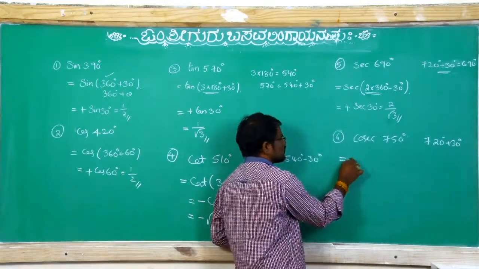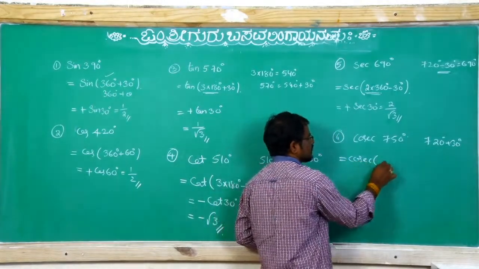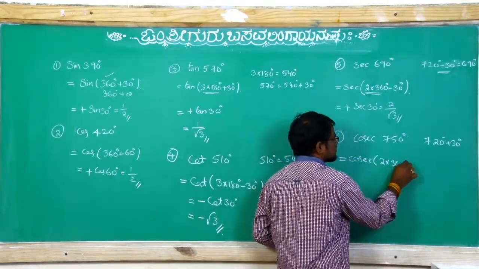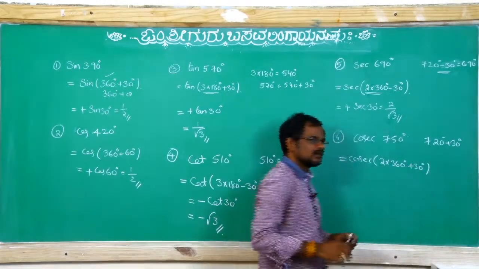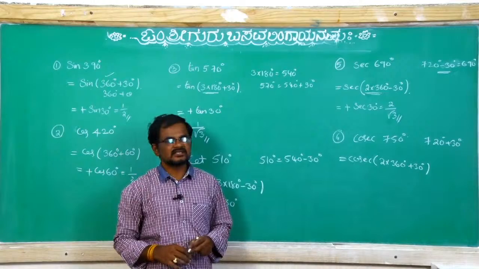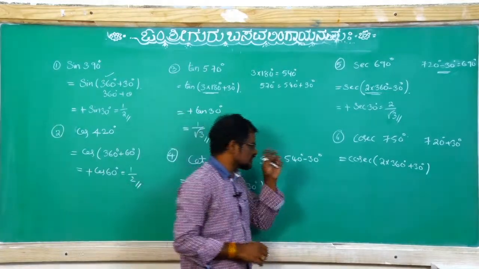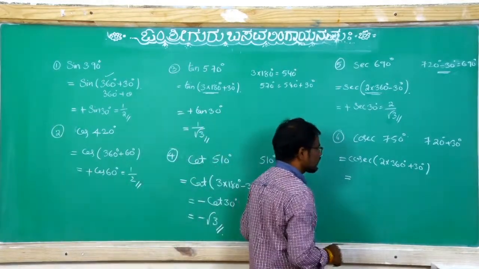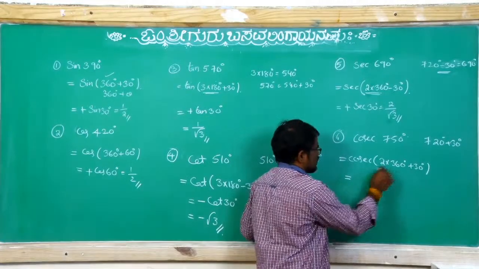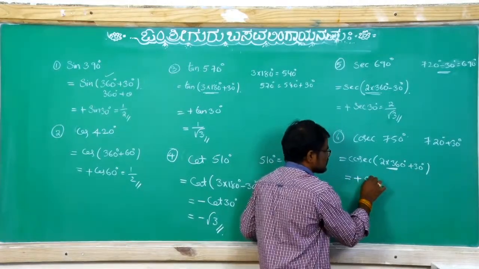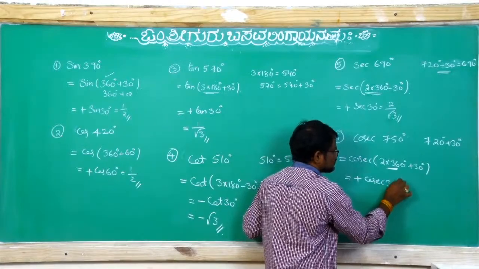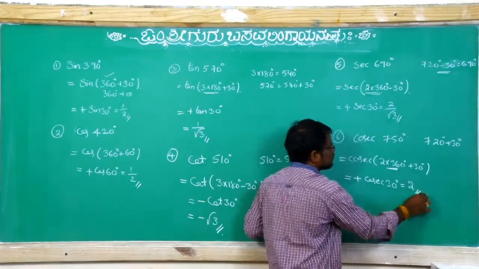That is equal to cosecant of 2 into 360 plus 30. Now that is equal to, 360 plus, first quadrant cosecant is positive. So cosecant 30, cosecant 30 is 2. This is our answer.